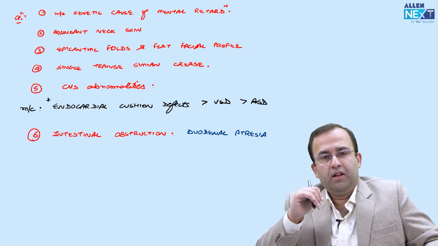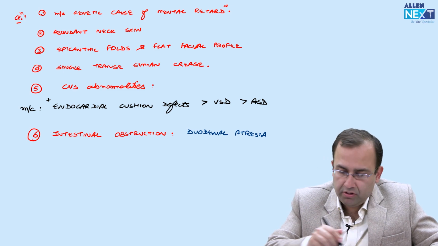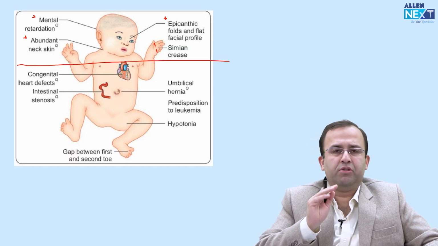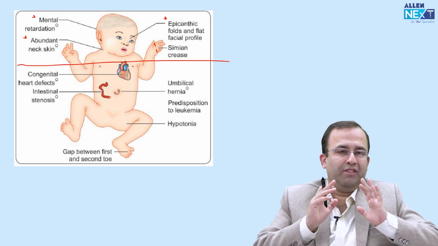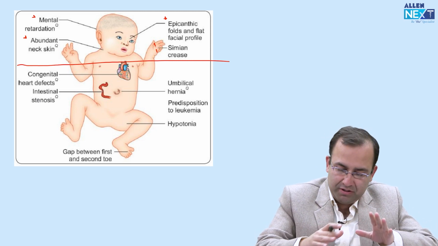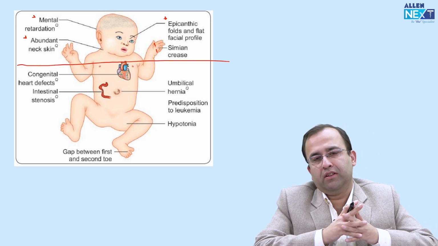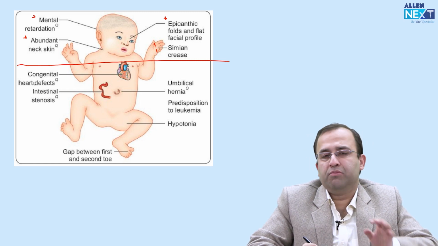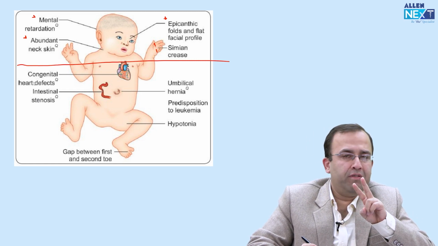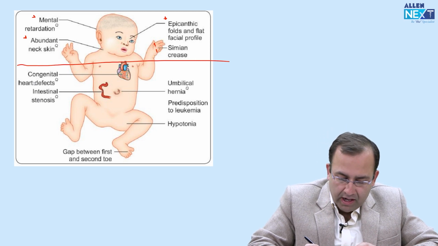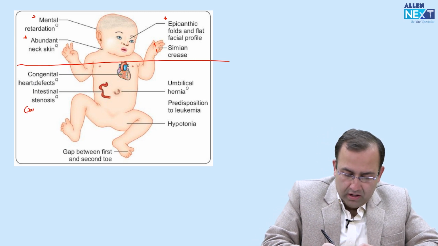Next point. There is increased gap. Let us see this in the image also. An image speaks 1,000 words. Once you have a good look at this image, you will never forget this. Congenital heart defects, most common being endocardial cushion defect, followed by VSD and ASD. Intestinal stenosis, where? In duodenum.